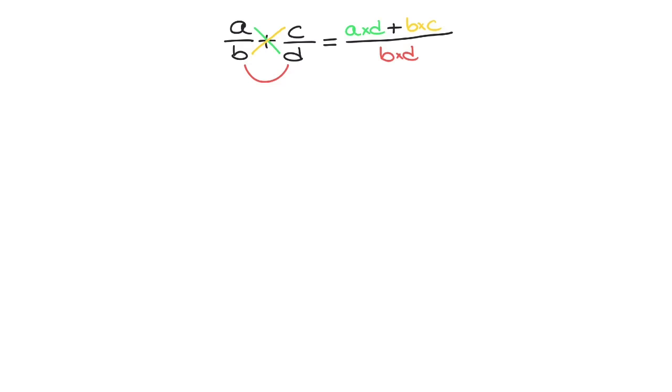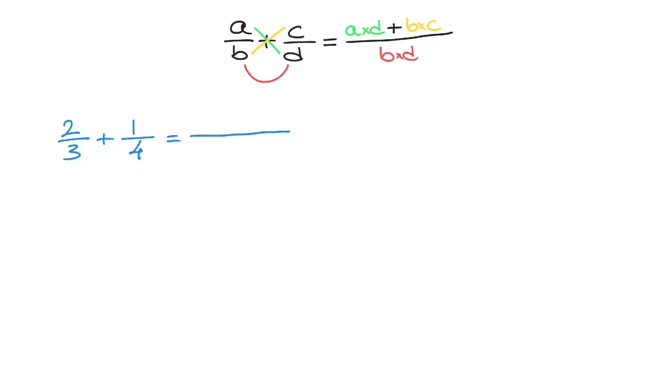So let's go right ahead and see how we can use this formula to add two fractions. Let's say we have to add 2 over 3 plus 1 over 4. All right, we'll use this formula. So I'll start by writing my fraction bar here.